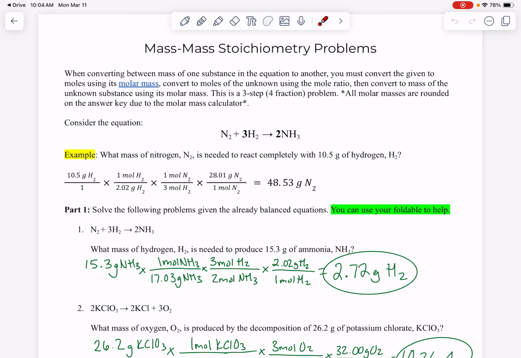You get it the same way. So if we just go through this example that you're given, you divide by the molar mass to get moles of H2. Then you use the mole ratio to get it in terms of moles of N2, and then you multiply by the molar mass of N2 to figure out what that final value is going to be. Remember, this step was just what we talked about at the mole ratio step, which comes from the balanced chemical equation.